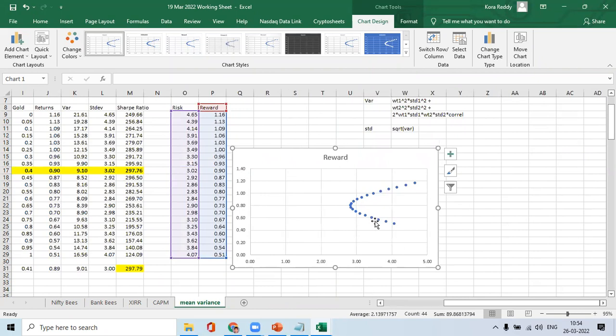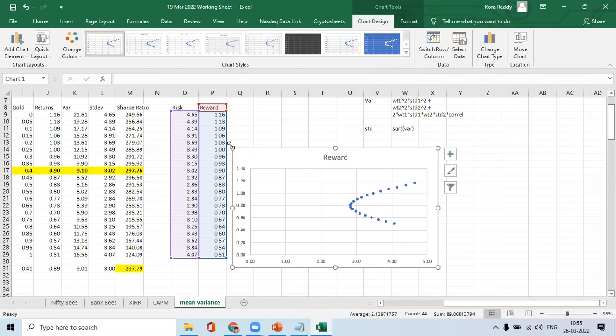Now this is your risk. As you are going towards the right, you are taking higher risk. Now this is your reward or returns. As you go up, you get higher returns. So as you go right, your risk increases.